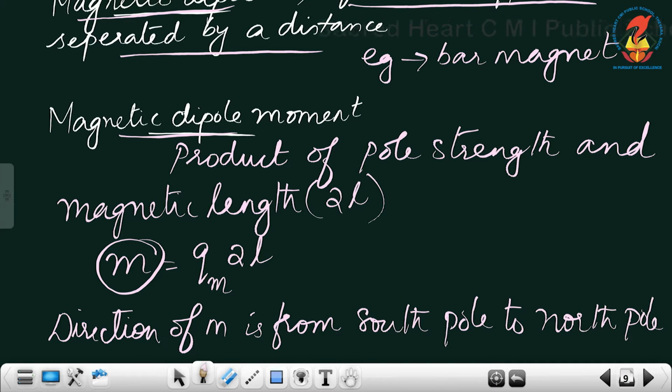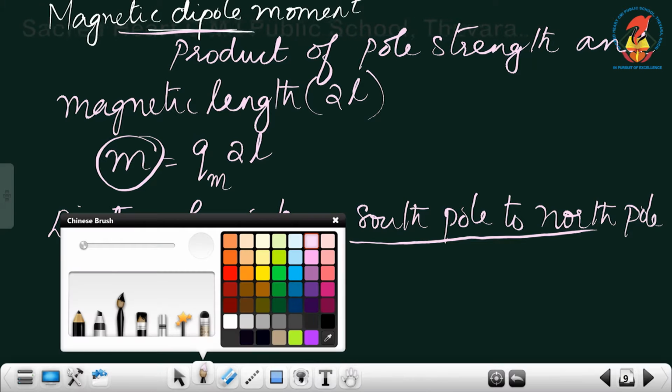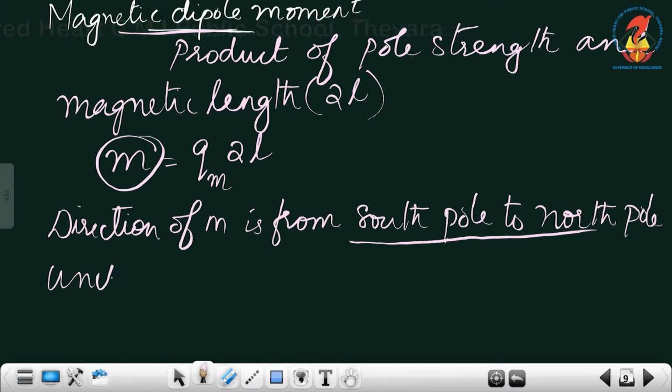So m is a vector quantity and its direction is from the south pole of the magnet to the north pole, and the unit of m is ampere meter square or joule Tesla raised to -1.